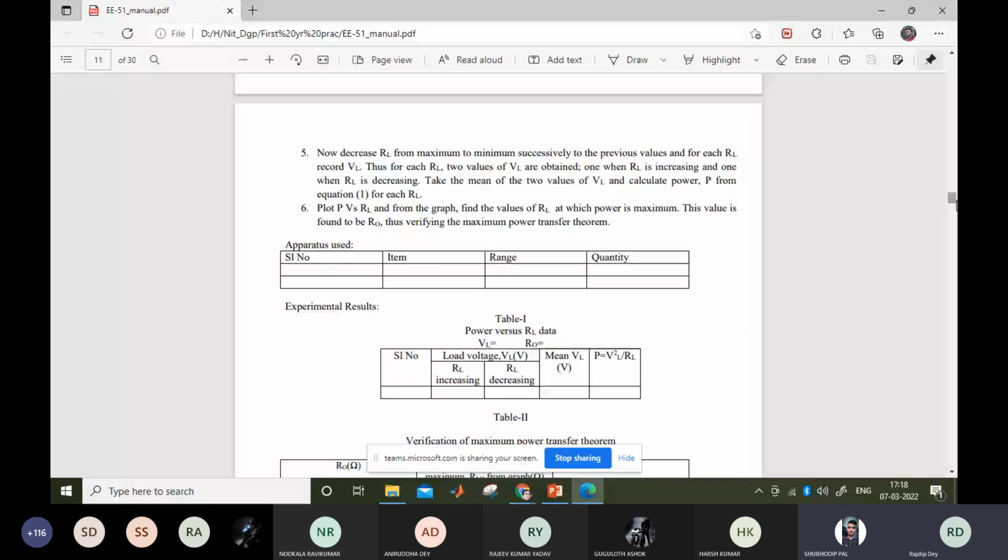Yes, any confusion? Sir, why do I have to submit these experiments? We have already mailed, right? Where do you need to submit?